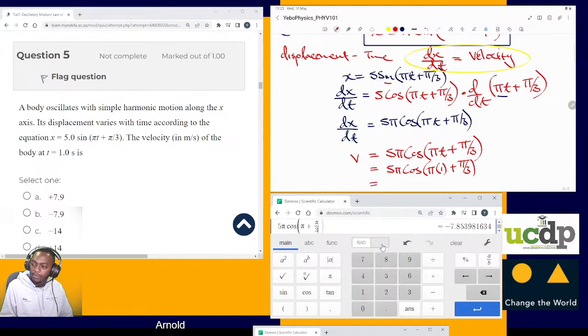So that will be equal to negative 7.9 meters per second. So that is how we're supposed to work that out.